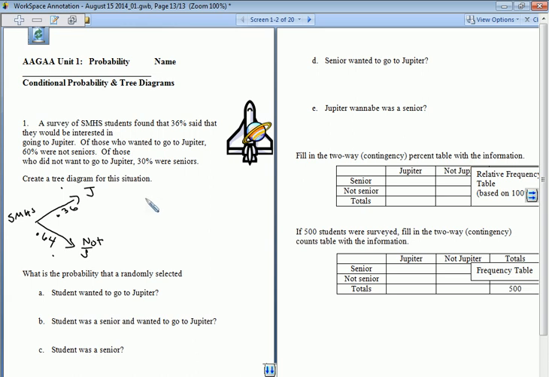Okay, so of those that wanted to go to Jupiter, 60% were not seniors, right? So we would say 60% were not seniors. Okay. So how many were seniors? 40%.